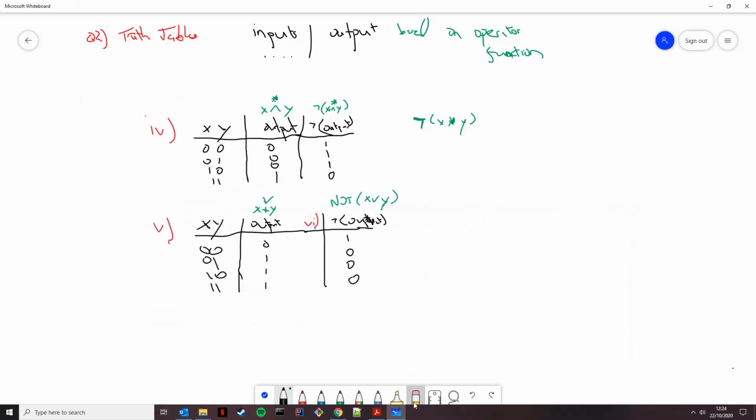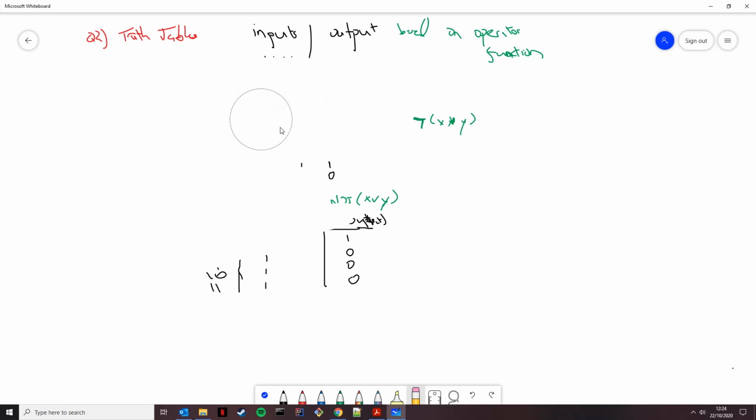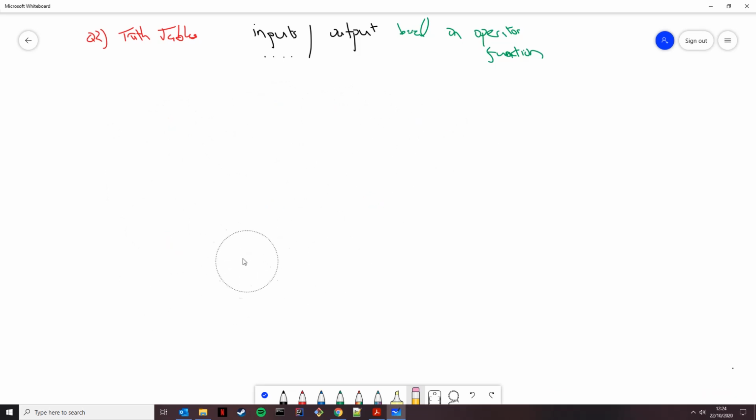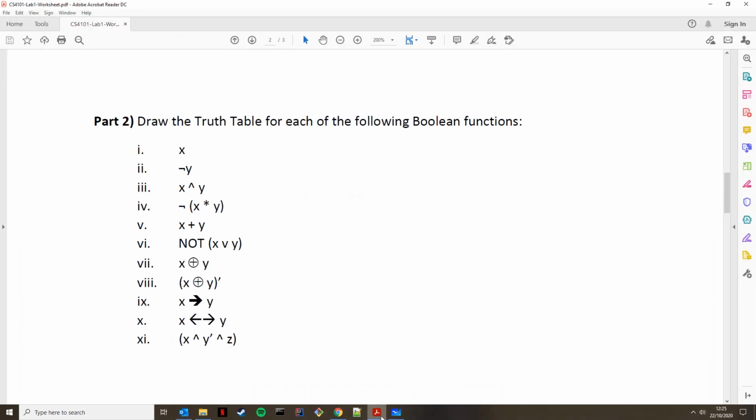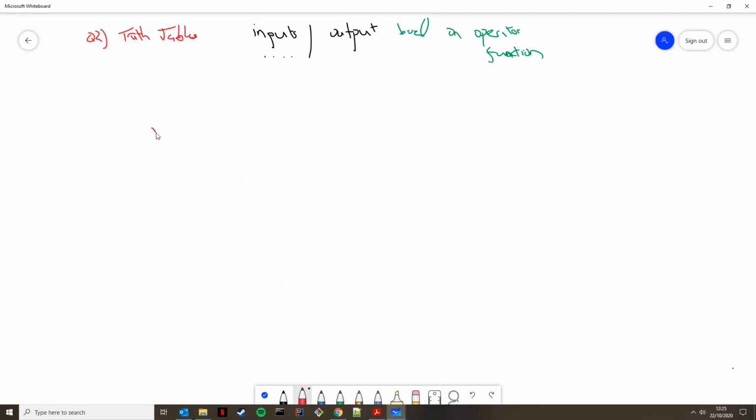Now our next one is a little different. The next one says X and this little plus symbol Y. The plus is surrounded by a circle.